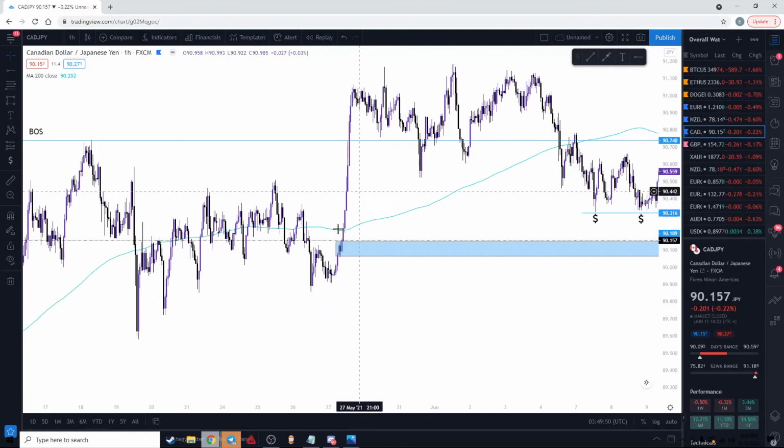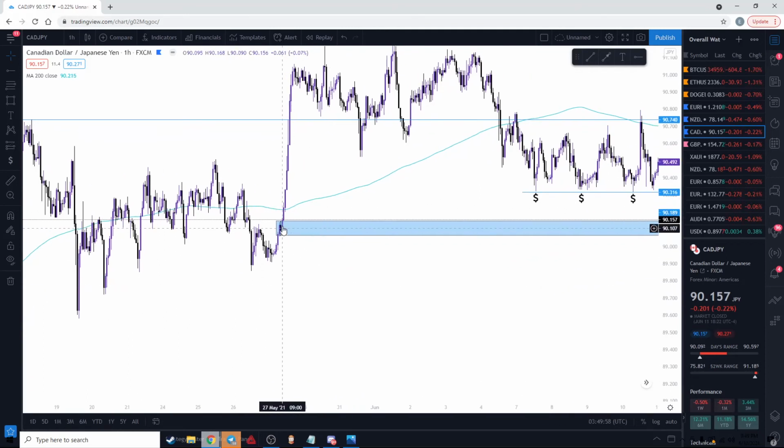Look at all that volume and all that power. That signifies to me that this is a very strong level, right? So I marked this on the 1-hour. And again, guys, the reason I marked this order block point of interest is that it's the last bearish candle before that huge spike in volume and break of structure, right?